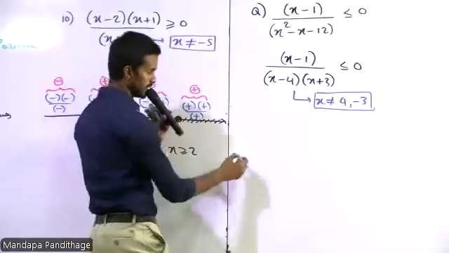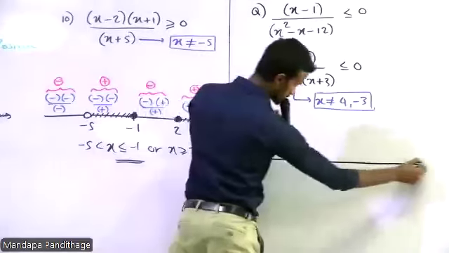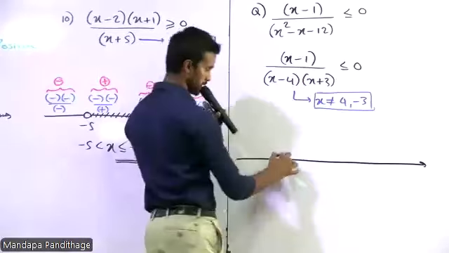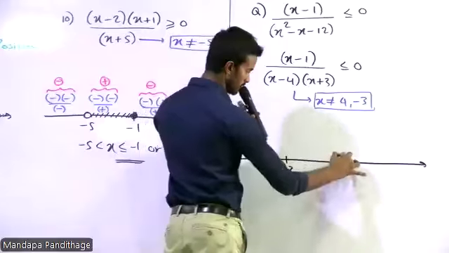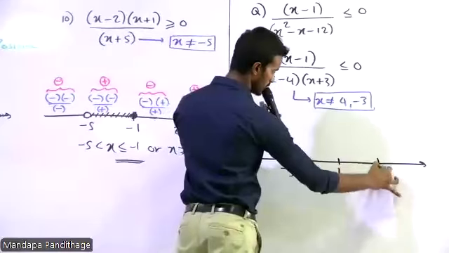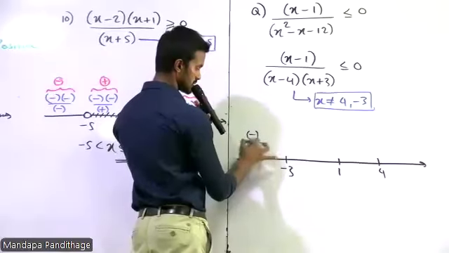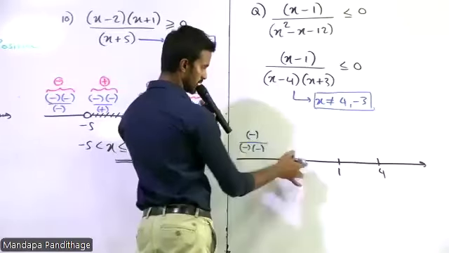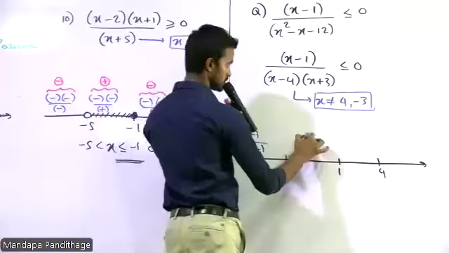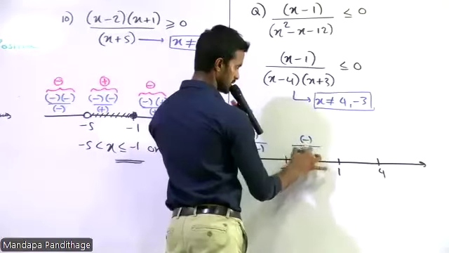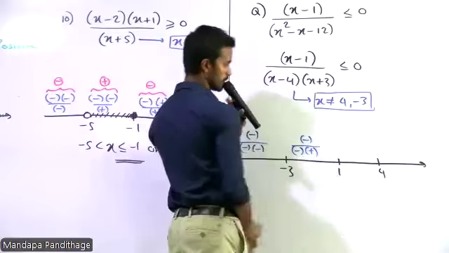Consider the number line. It's minus 3, 1, and 4. Now think of a value, then you have 4 regions. If you take something like 0, this is minus, and when this is minus, this is only plus.